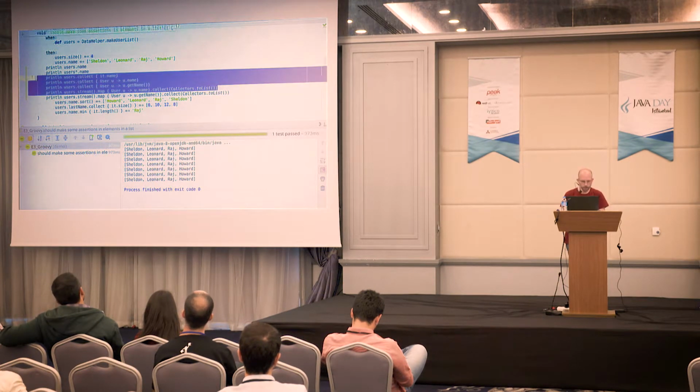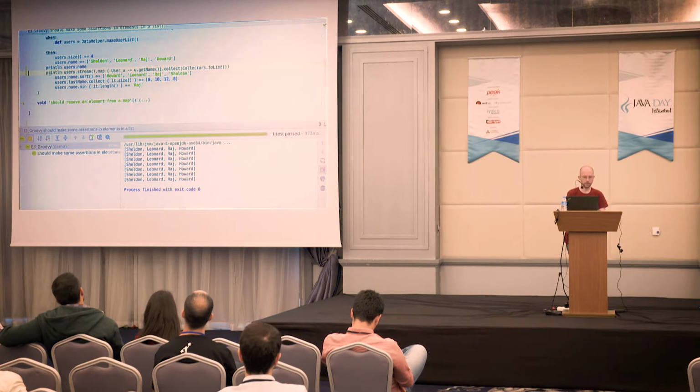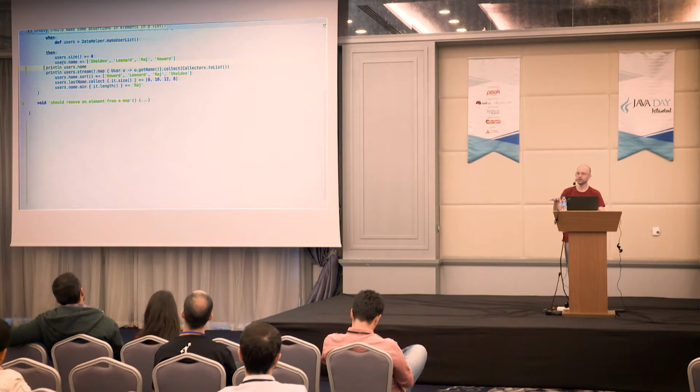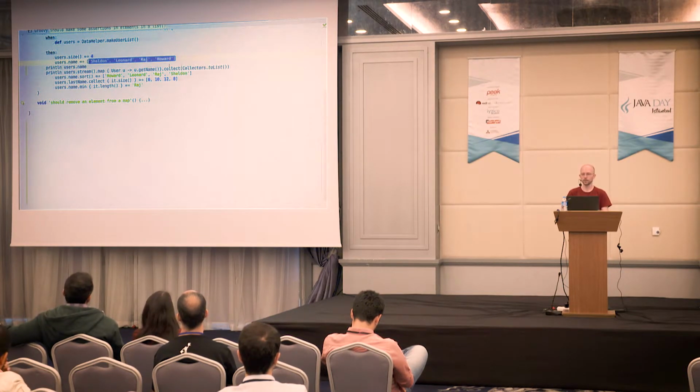So I'm going to delete all those intermediate steps, because I want to show you these two different lines. Now that you know that you can access elements or properties of elements in a list using Groovy with this notation, think about it. If you want to test this in Java, you will need to write something just like this.